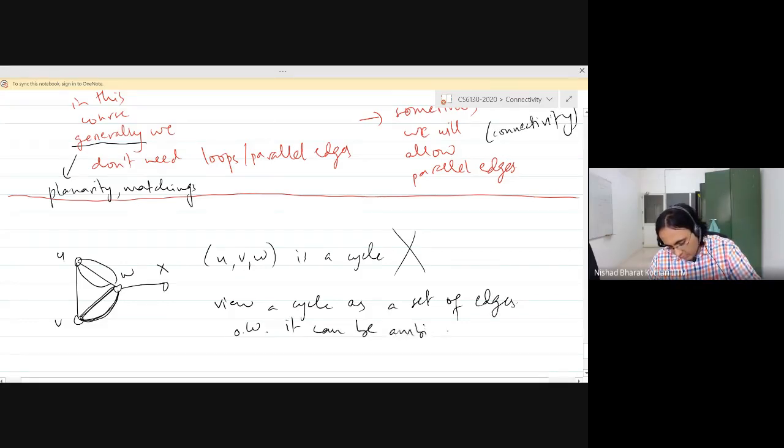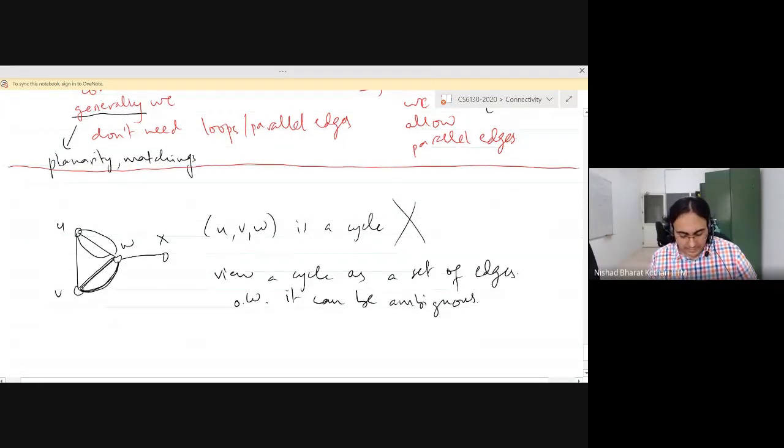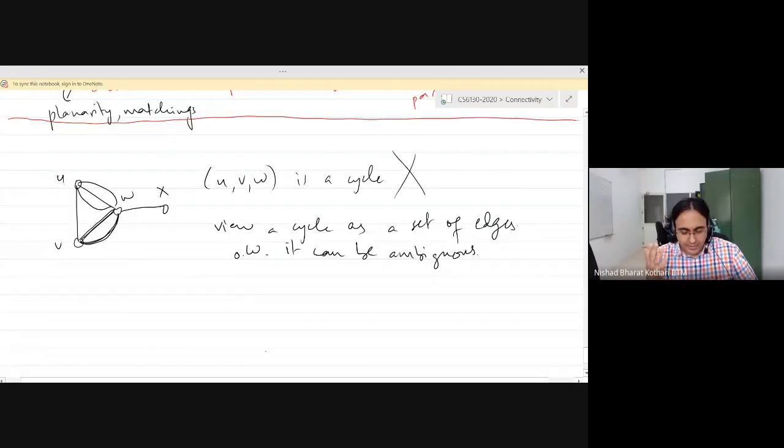If you want to be precise, as you should be, then you need to be careful that a cycle, when you allow parallel edges, is not just an ordered sequence of vertices, it is a set of edges. There are similar subtle things. Supposing I say G plus ux. Well, G plus ux means I add an edge between the two vertices U and X. But what if I say G plus uv? Now U and V are already adjacent.